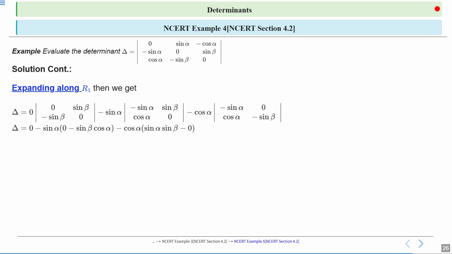When we get the determinant of all these matrices of order 2 cross 2, for the first, 0 into the determinant of 0, sin beta, minus sin beta, 0, since we multiply with 0, we get 0.